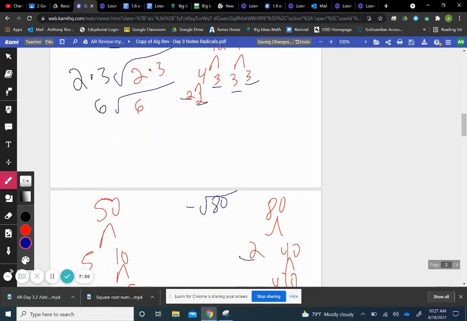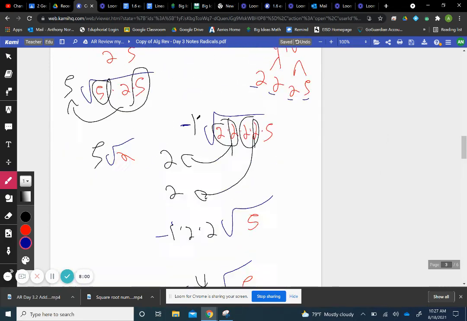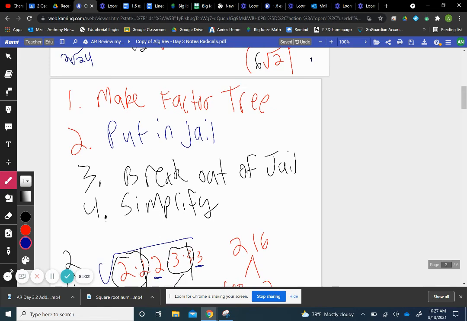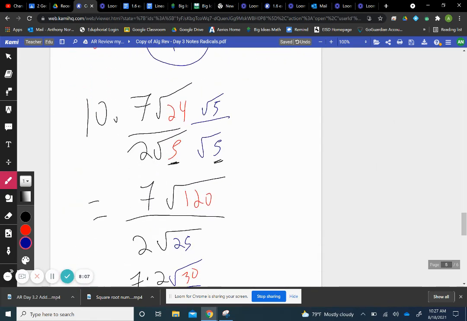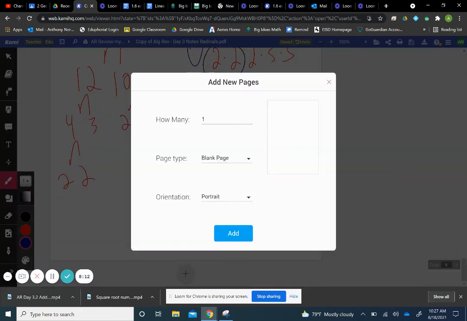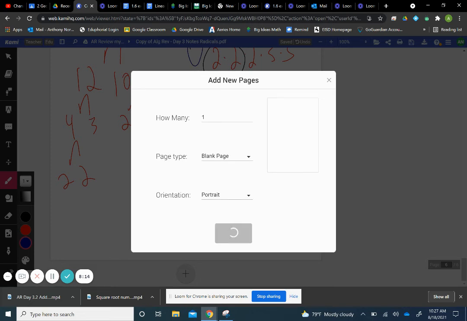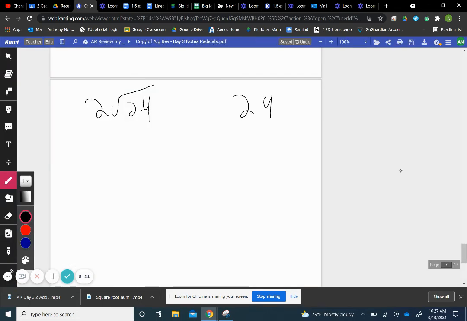And just like before, we're going to follow our steps. Make a factor tree, put it in GEL, break out of GEL, simplify. So we have 2 square roots of 24. I did not make enough pages, we just need one more. So we are going to make our factor tree for 24. Some of you may already be able to get this. It's fine if you do, it's fine if you don't.